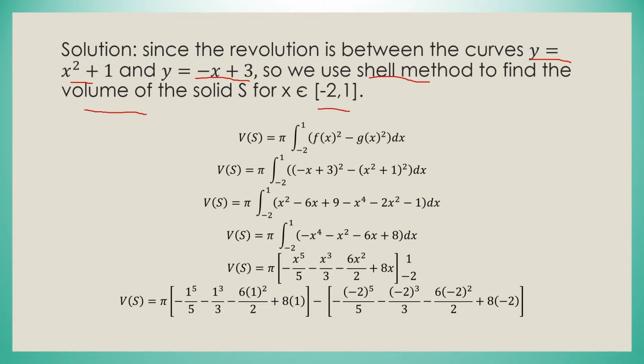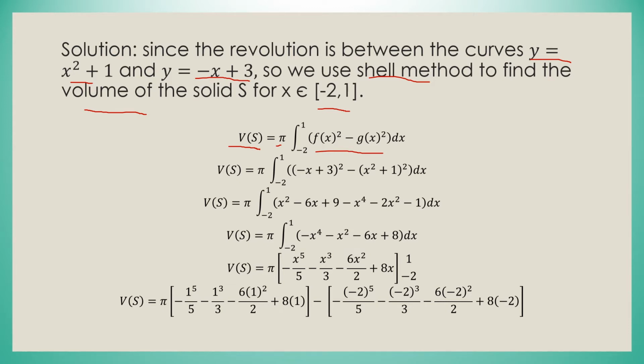So we have the volume of S equals pi times the integral of f of x squared minus g of x squared dx. This is the formula that we are going to follow to solve this problem.